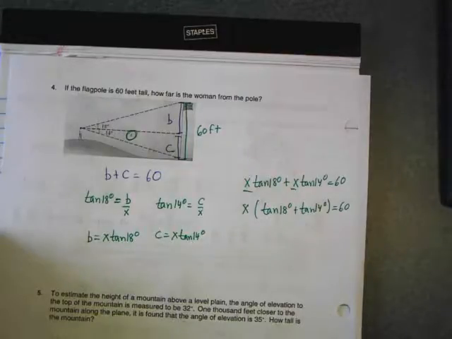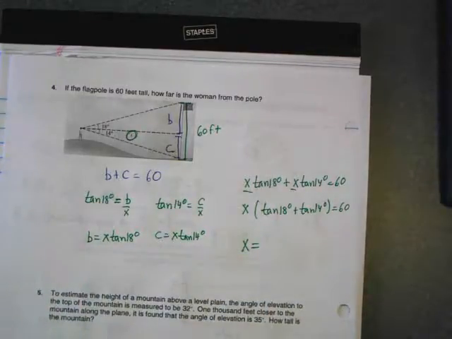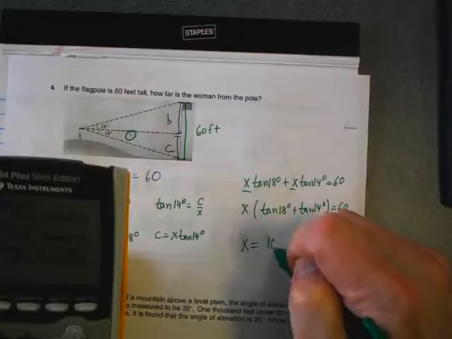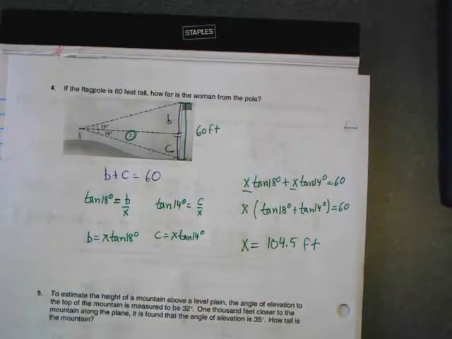You figured it out, Brandon? You did it differently? Okay. So to get the X all by itself, I divide by that mess there. So I'm going to have 60 divided by (tangent 18 plus tangent 14). My calculator says, rounding to one decimal place, she's 104.5 feet away from the flagpole.